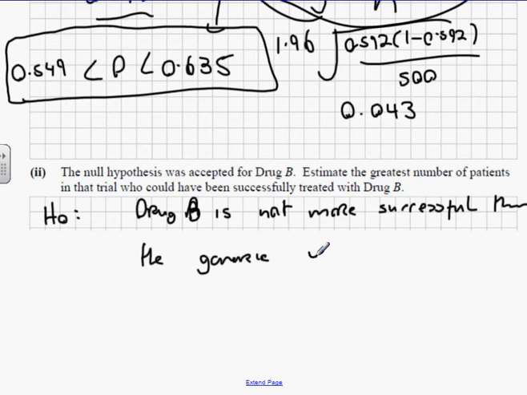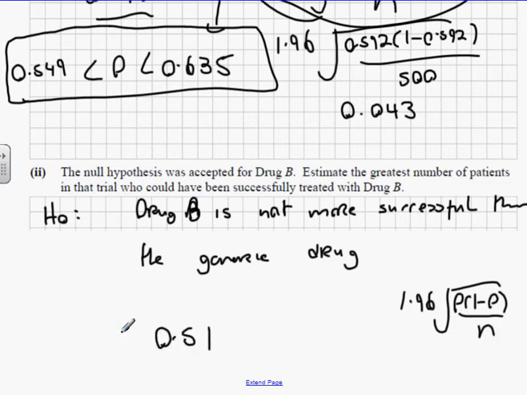Now, what we're saying is, if it's still accepted, it's at the 95% margin of interest, right? So it's your 1.96 square root of p(1 minus p) all over n. Now 0.51 is 51%, and we already know that 0.043 is our margin at the 95% confidence interval, right?